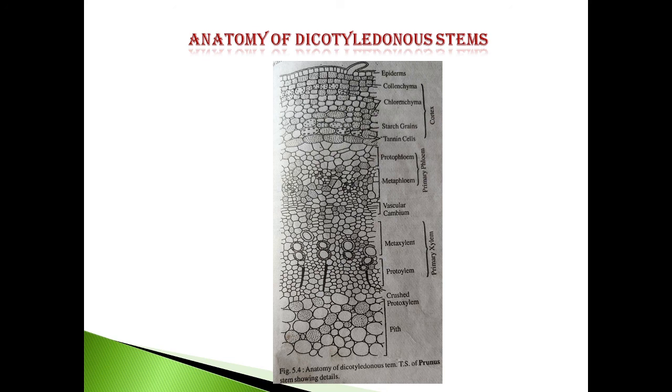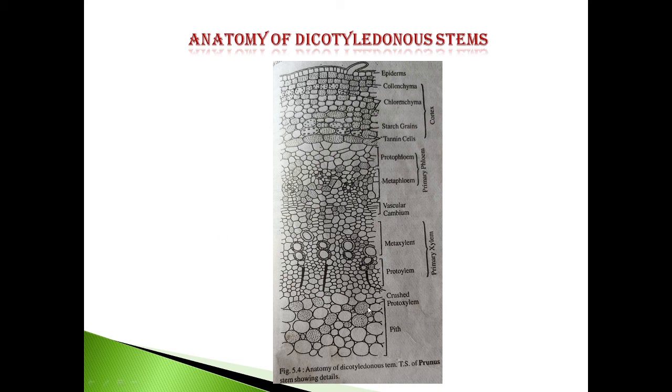The pith ray cells are usually elongated in a radial direction. They serve primarily for the conduction of food and water radially in the stem and for the storage of food.